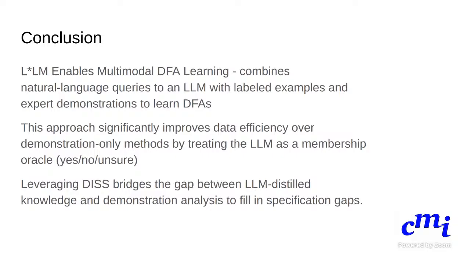So coming back to the conclusion, it bridges the gap between the knowledge elicited from the LLM and the demonstration analysis, which helps us figure out what specifications are important.